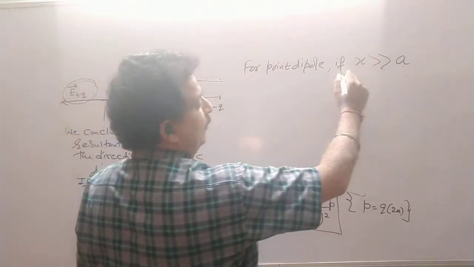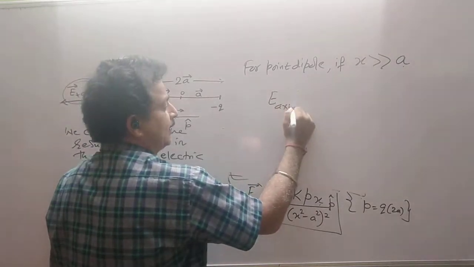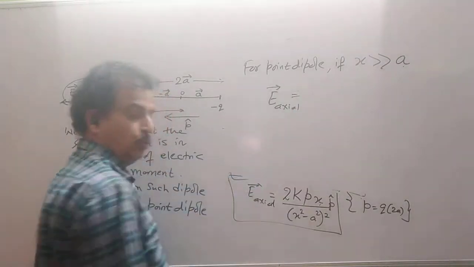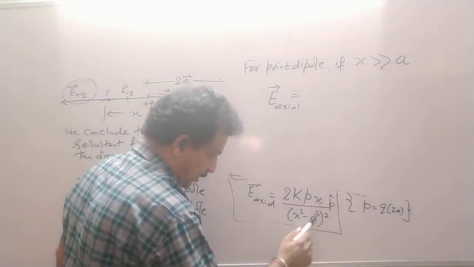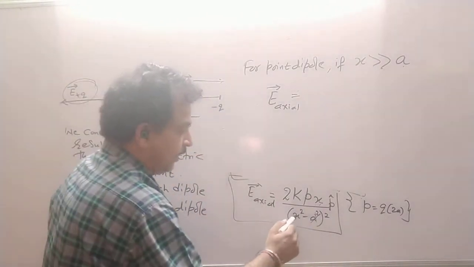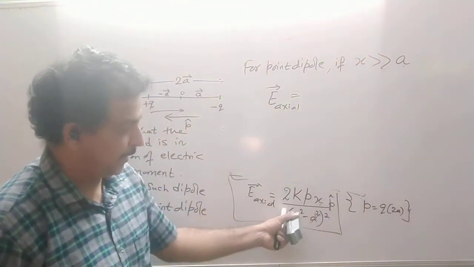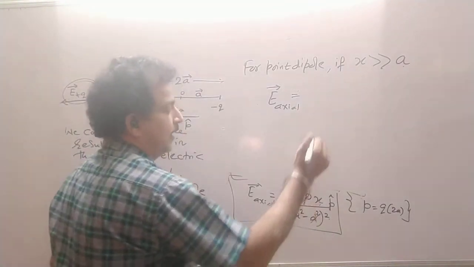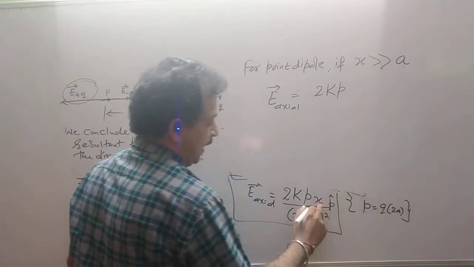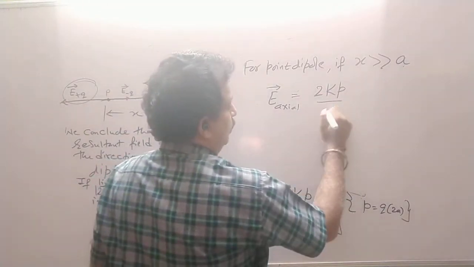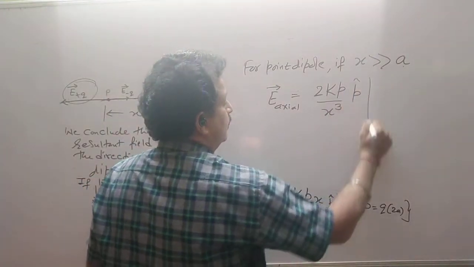So for a point dipole, if x is greater than a, then E axial is equal to, now I eliminate this a square. If a square is gone, we get x square whole square, that is x to the 4, and one x is cancelled. So 2kp, this will be x upon x to the 4, so x cube, and the direction is p cap.